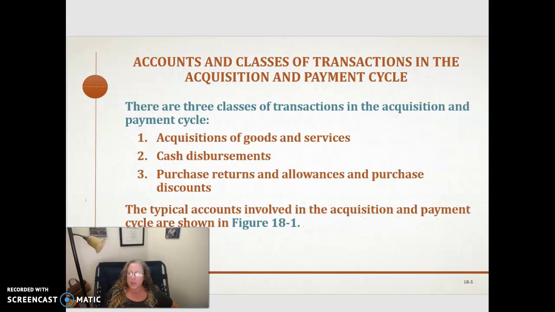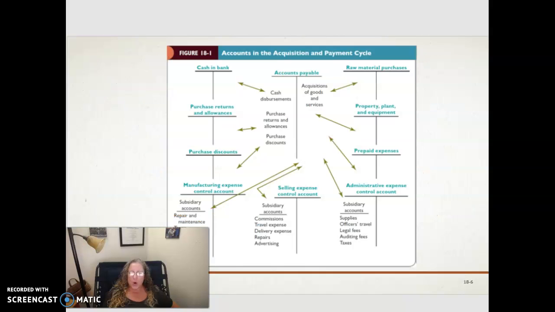And the typical accounts that are involved in the acquisition and payment are shown on this next slide. So we have some T accounts listed here. These are all the accounts in the acquisition and payment cycle.